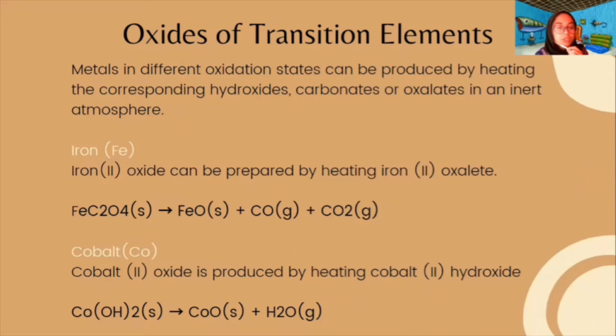For example, iron 2 oxide can be prepared by heating iron 2 oxalate. The byproducts are carbon monoxide and carbon dioxide gas. Cobalt 2 oxide can also be produced by heating cobalt 2 hydroxide, and the byproducts will be carbon oxides and water. I think that's all from me. Can proceed with the next presenter.